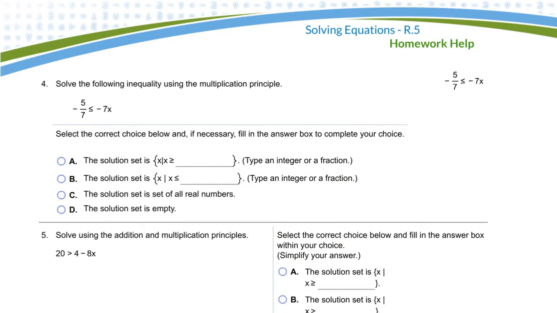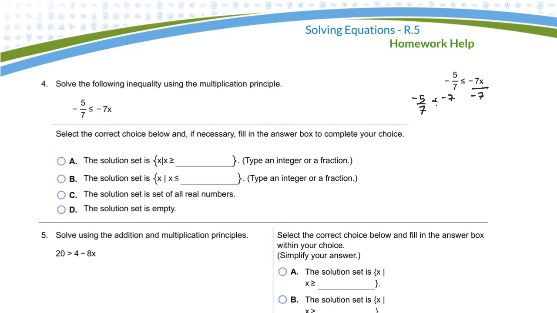Next set of questions. These ones involve fractions and inequalities. I need to get x by itself, so I'm going to divide this side by a negative 7, and I'll divide this side by a negative 7. It's already a fraction though, so that's a little awkward. Let me write it this way, negative 5/7, and I'm going to divide it by negative 7.